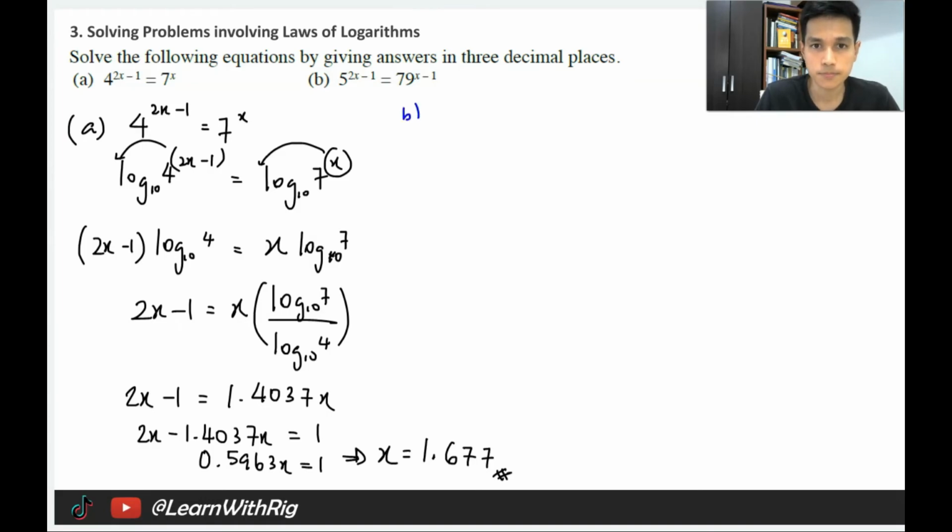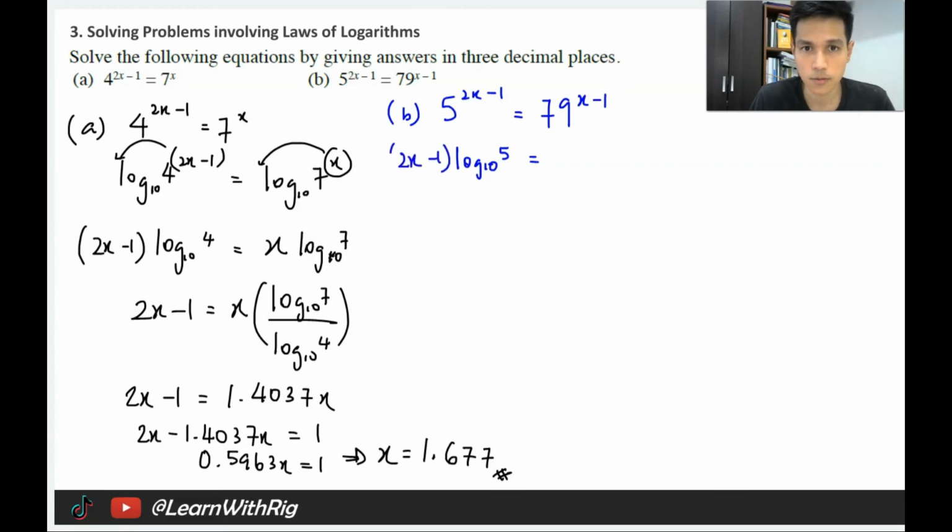Question B. Same thing. One is base 5. The other one is base 79. Both are indices, so there is no way for you to make them become the same base. So what do you do? You add log. So log base 10 equals, now the 2x minus 1 I'm going to bring in front, so it becomes 2x minus 1, and then the other one, x minus 1, comes in front.